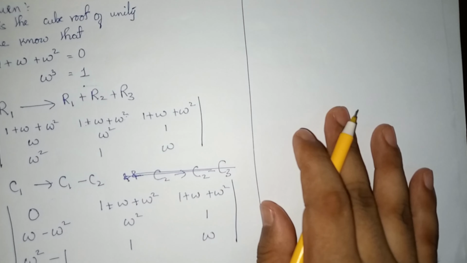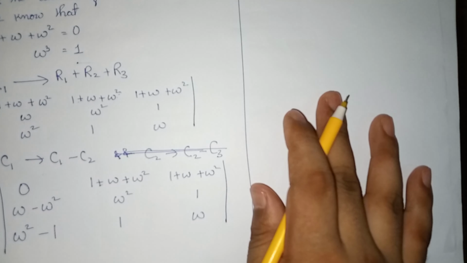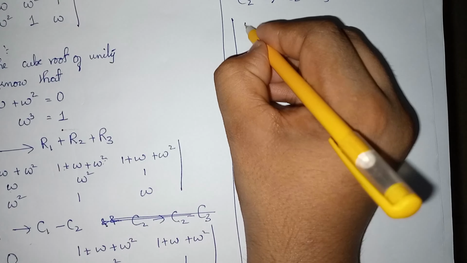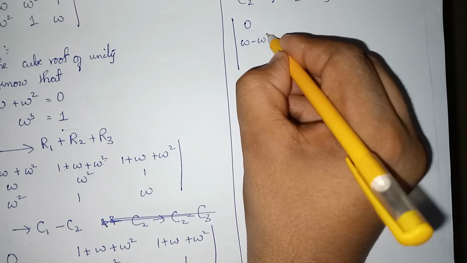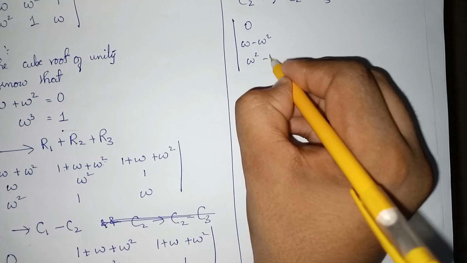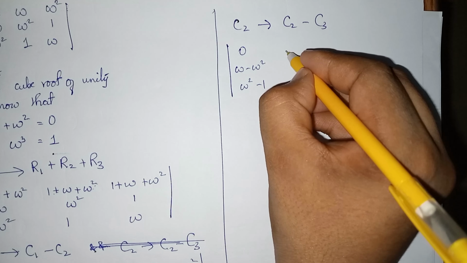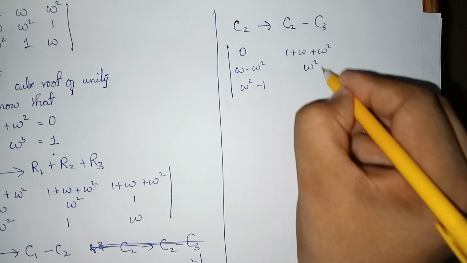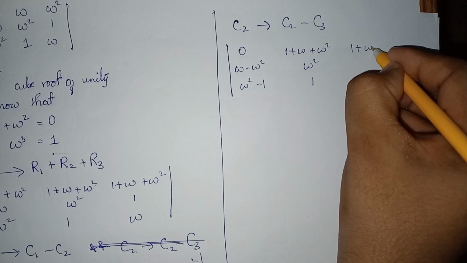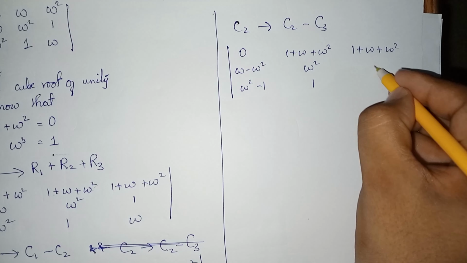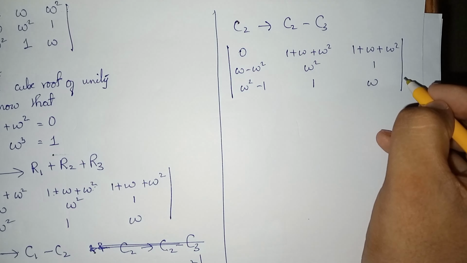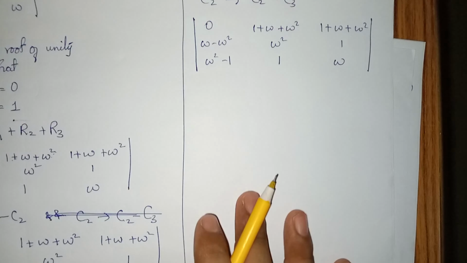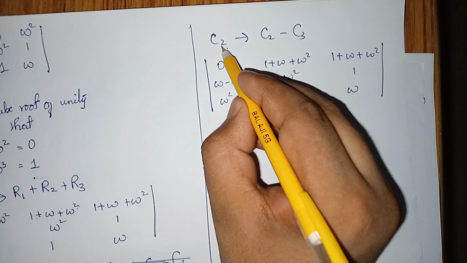Let me rewrite the same column here: 0, omega minus omega square, omega square minus 1. After that, 1 plus omega plus omega square, 1, omega. This is the normal column. Okay, this is the matrix. Now we will apply this condition.